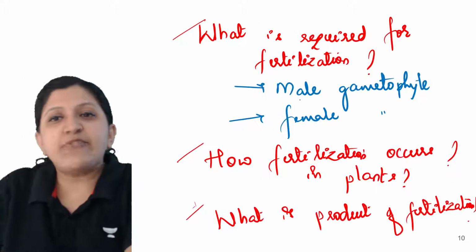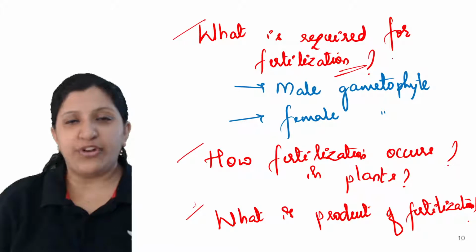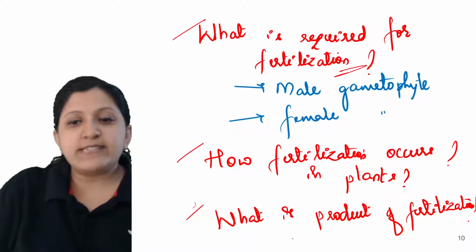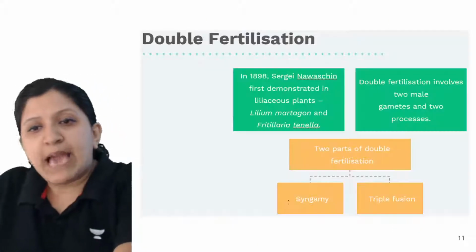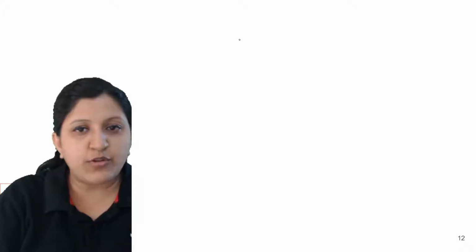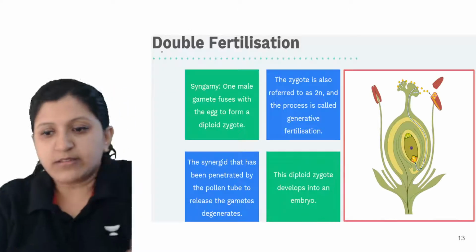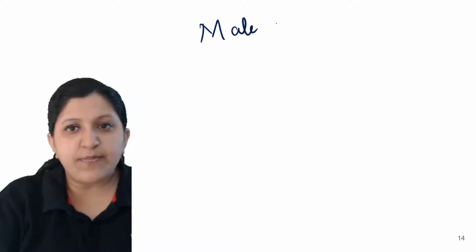Let's see what exactly is required for fertilization. Let's discuss the male gametophyte and the female gametophyte first. Let's see what exactly the male gametophyte is. What is male gametophyte?